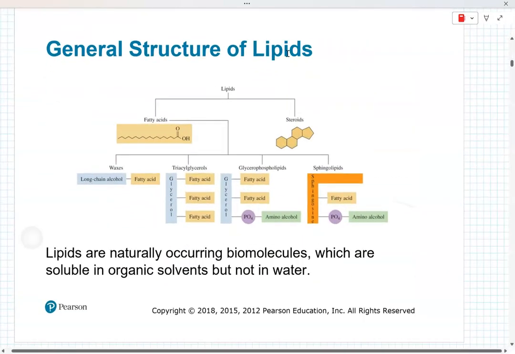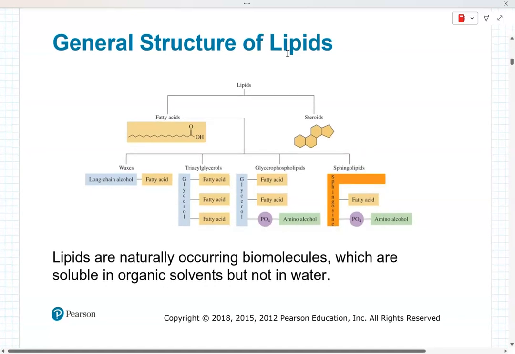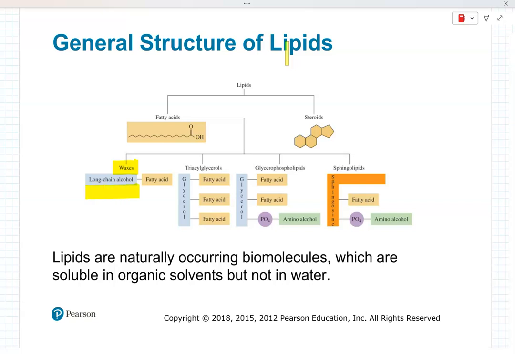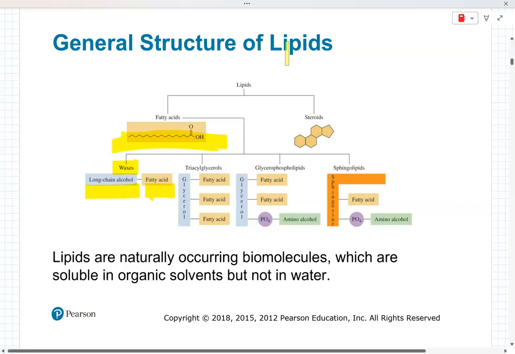So when you look at this flow chart, okay, you can see that the lipids that contain fatty acids can be broadly categorized into three types. Waxes, which are formed by some kind of a long-chain alcohol and a fatty acid, so that's your garden variety fatty acid.